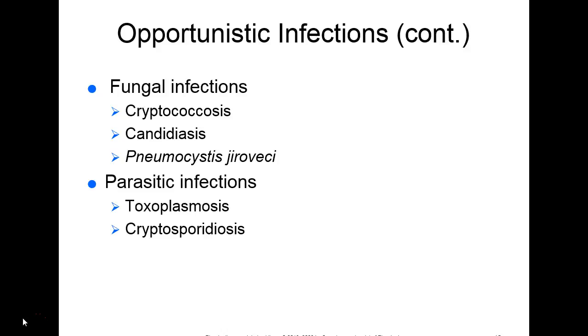So we really encourage patients not to have a cat, or if they're going to have a cat, that they not be the one responsible for cleaning the kitty litter box. And then cryptosporidiosis is a parasitic infection that can be gotten from drinking contaminated water.